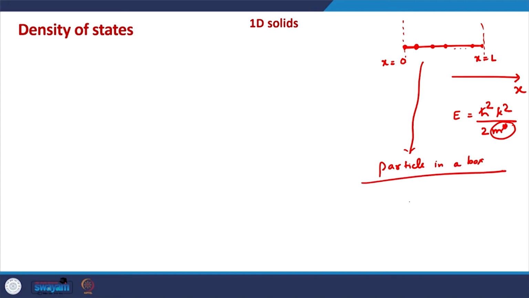And the solution of Schrodinger equation of particle in a box we have already done. In fact, we have repeatedly done it and discussed it in the 3D and 2D cases.